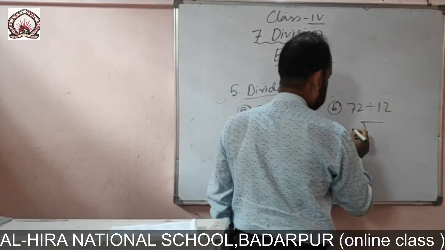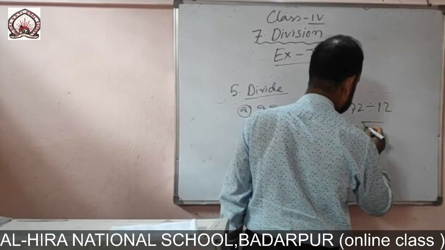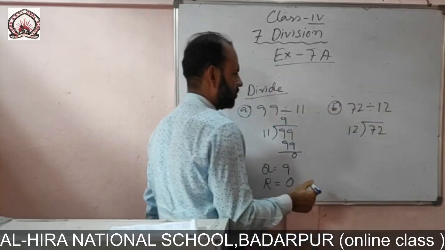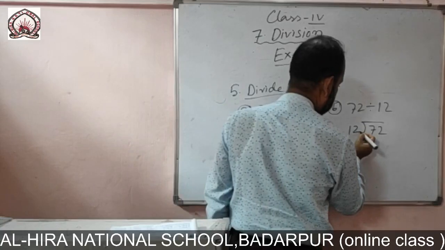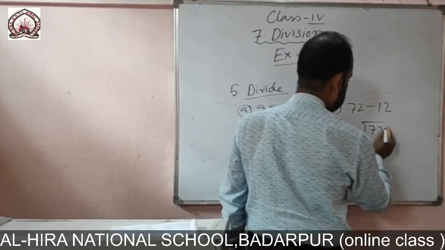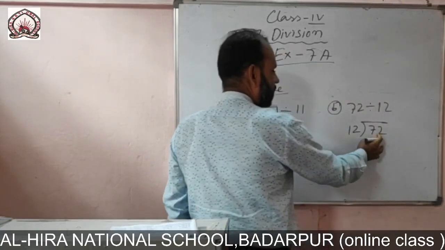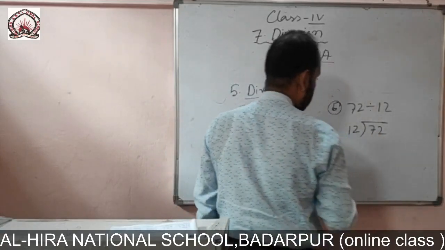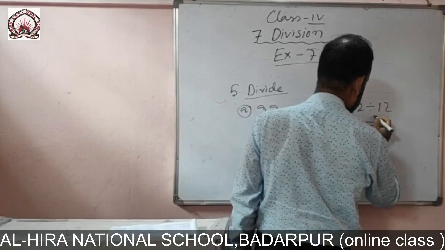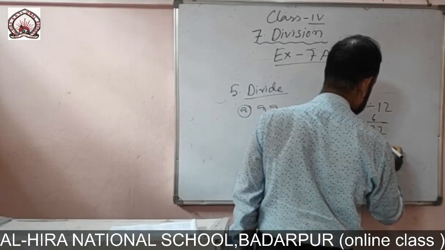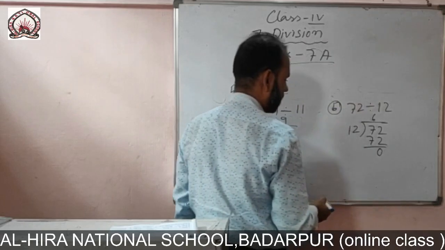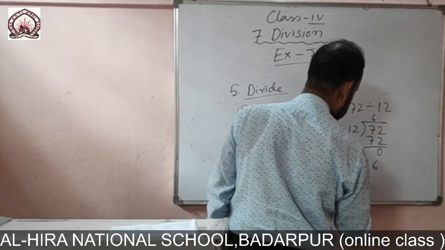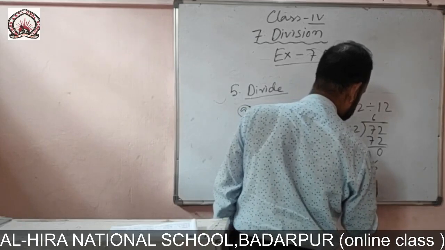So 12, here we write 72. So this one is called divisor and this one is dividend. We know the table number 12. So 12 6s are 72. Remainder there also 0. Q equal to 6 and remainder equal to 0.